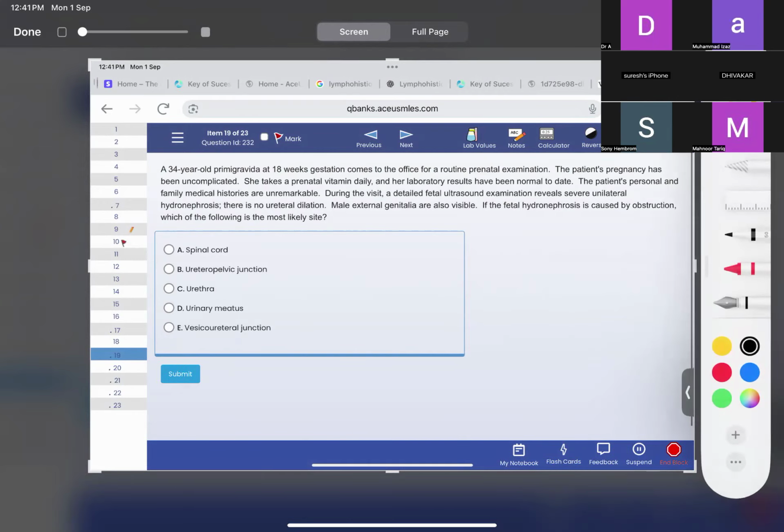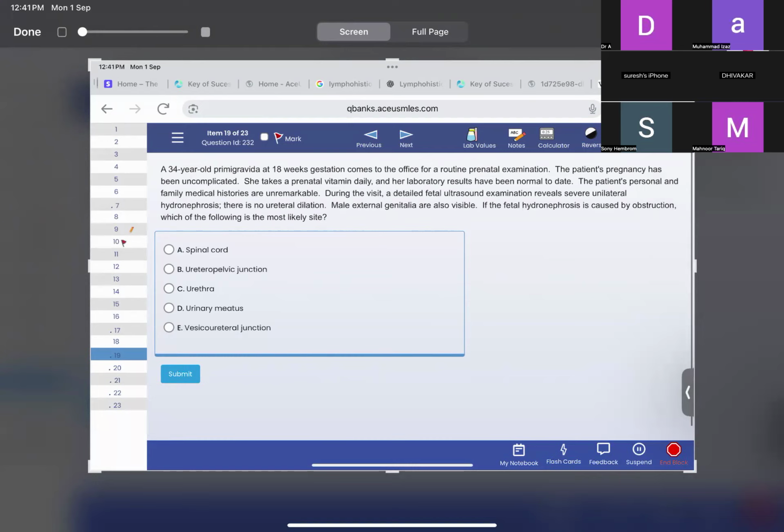During a visit, a detailed fetal ultrasound examination reveals severe unilateral hydronephrosis. There is no urethral dilation. External genitalia are also visible. If fetal hydronephrosis is caused by obstruction, which of the following is the most likely site?